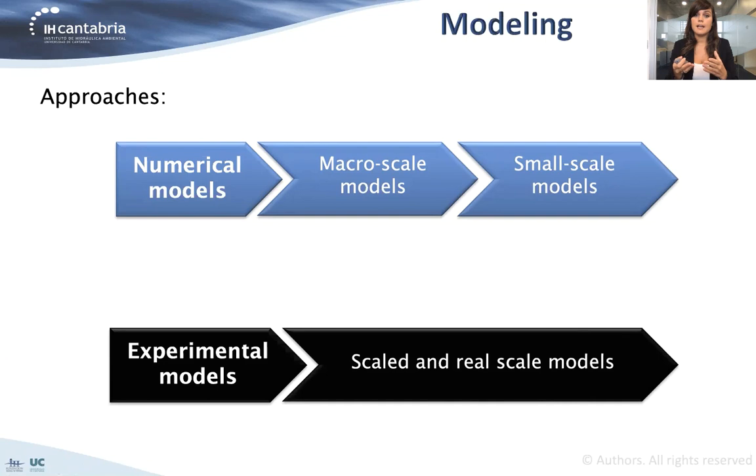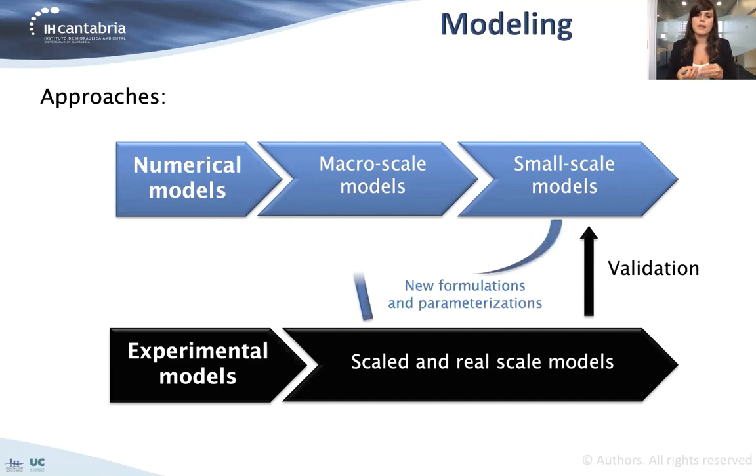Both approaches can be complementary, and they can be used to try to get the coastal protection service that an ecosystem is providing. Small-scale models and lab experiments allow us to better understand the detailed physics that are involved in the flow ecosystem interaction. Laboratory data is also used to validate those small-scale numerical models.